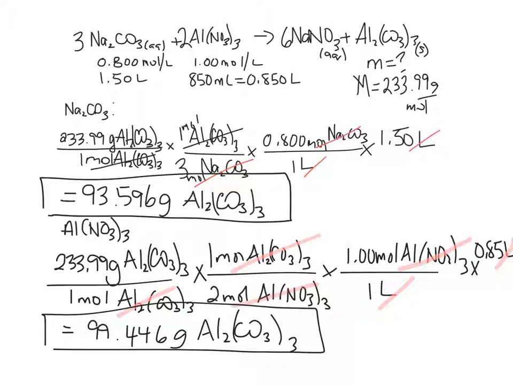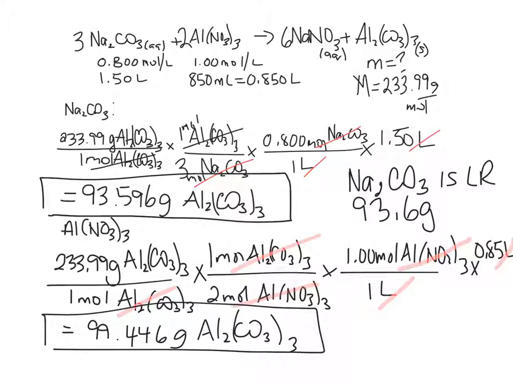So it appears that sodium carbonate gets used up first and is the limiting reagent, and the maximum amount of product that you can make is 93.6 grams of aluminum carbonate.